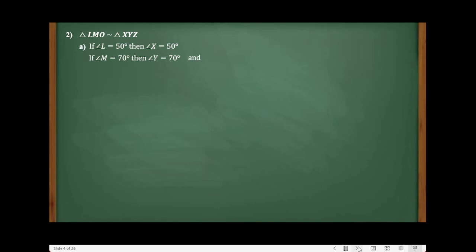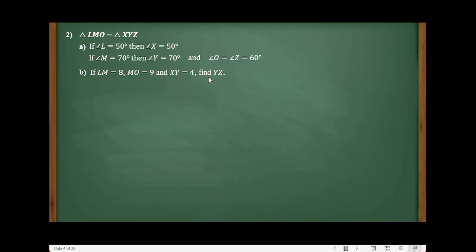Therefore, for the remaining angle from those two triangles, angle O, which obviously corresponds to angle Z, both of them have the measure of 60 degrees. Okay?